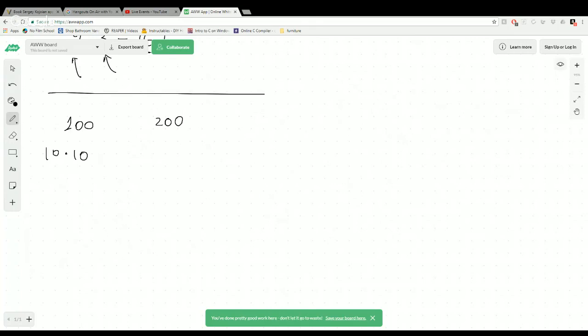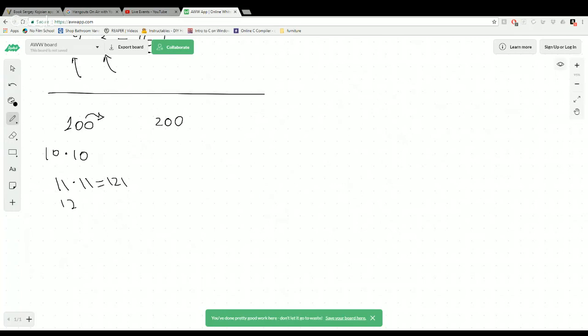I know that 10 times 10 is 100, right? So the next perfect square after 100 has to be 11 times 11. There's no other choice. There's nothing in between 10 and 11. So the next perfect square has to be 11 times 11, and that, of course, is 121.